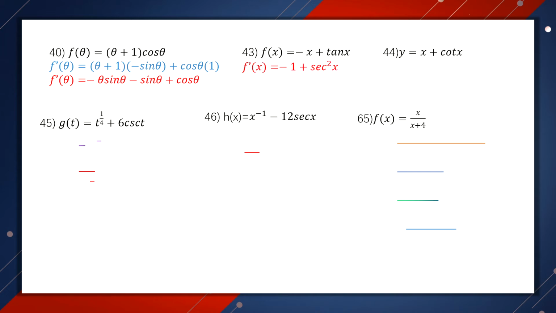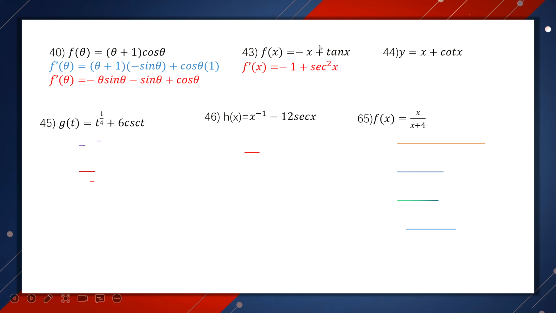So in the next question, it's just to derivative it. So you can see here, derivative negative x equal to negative 1 and derivative tangent x equal to secant square x.